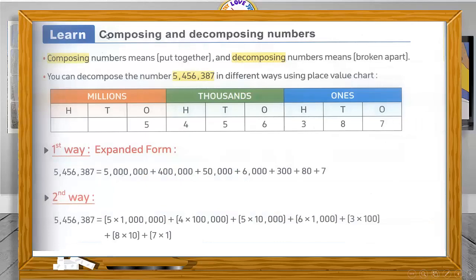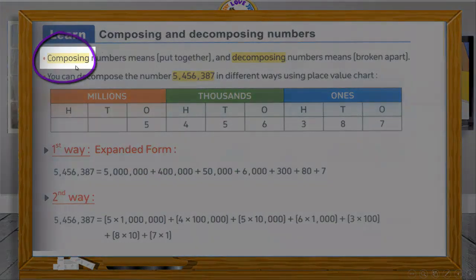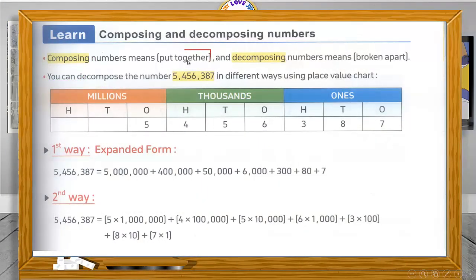Next point in this lesson, composing and decomposing a number. What is the meaning of composing? Composing meaning put together, put digits together. Decomposing meaning broken apart, as you see now. You can decompose the number 5,456,387 in different ways using a place value chart.